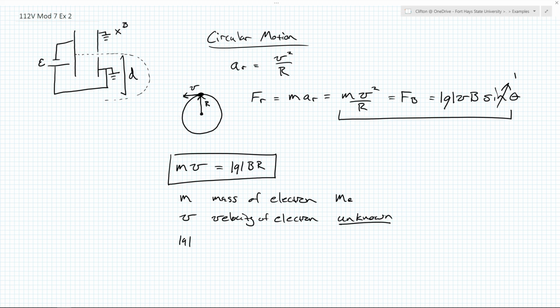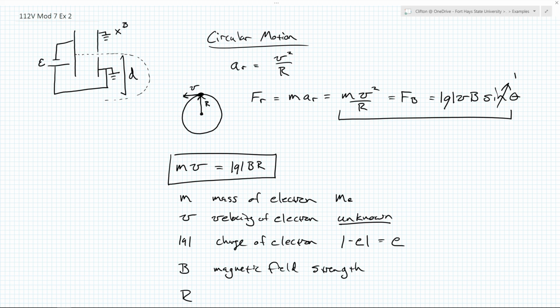Q is the absolute value of the charge of the electron. So that's going to be the absolute value of the negative elementary charge, which will then just be the elementary charge. B is magnetic field strength, which is given to us.